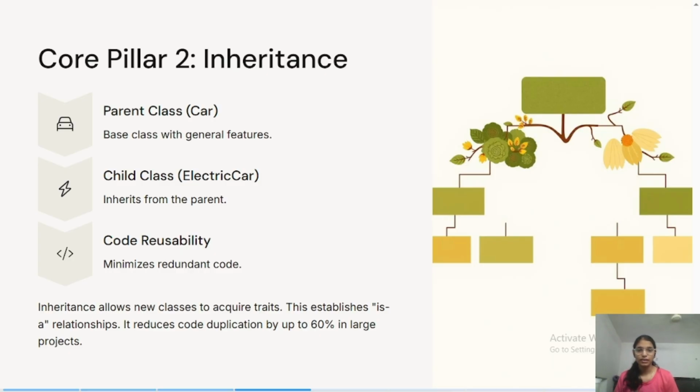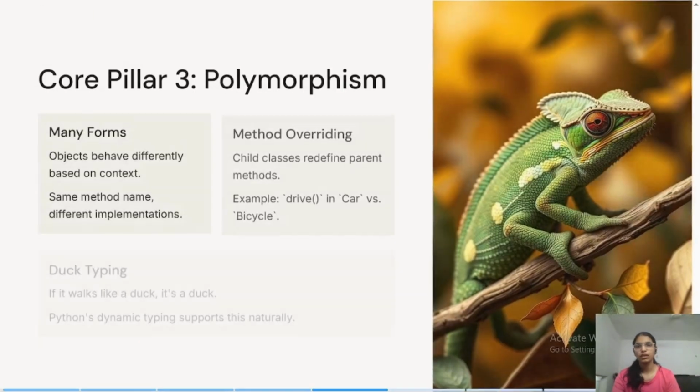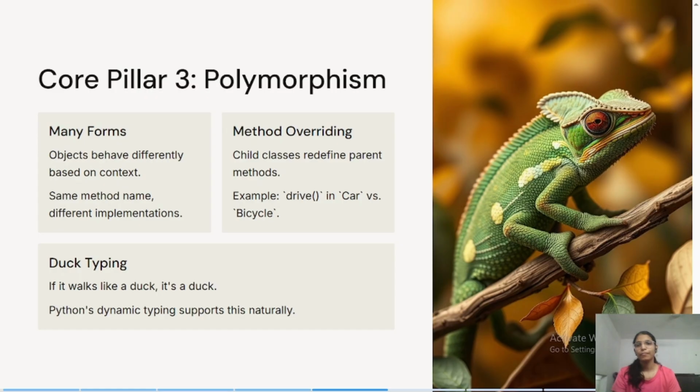So the Dog inherits from Animal and overrides the speak method. It's like saying I'll do it my own way. That's about inheritance.